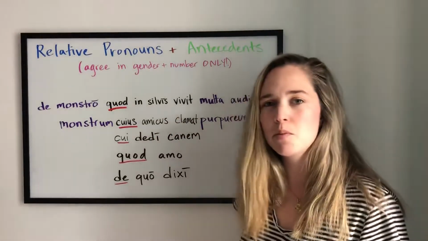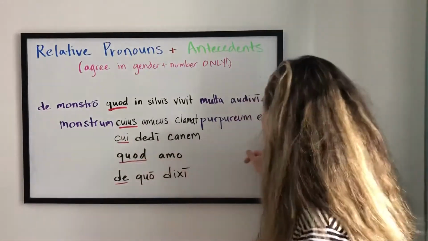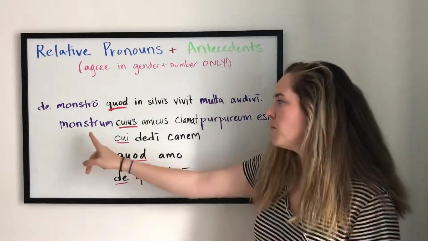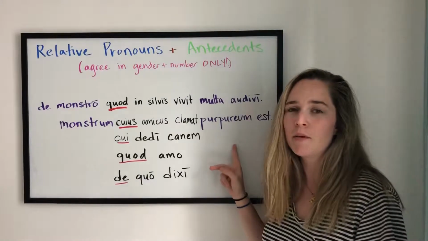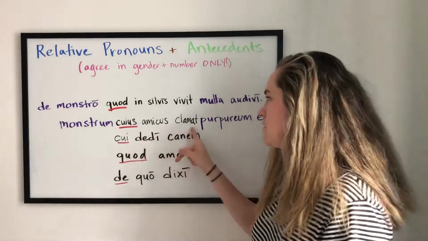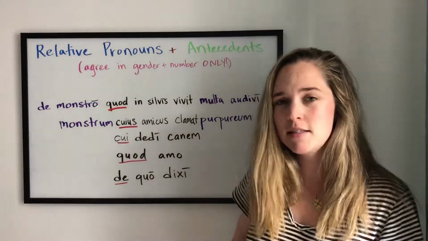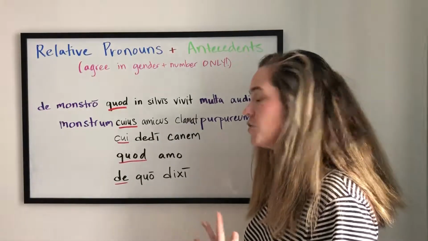Let's look at some more examples. This sentence, the purple part of the sentence, says the monster is purple. Monstrum is neuter and it's nominative. So purpureum, the adjective, is neuter and nominative, agreeing with it. But this relative clause has the pronoun cuius, which is genitive, and it's singular, and it's neuter.